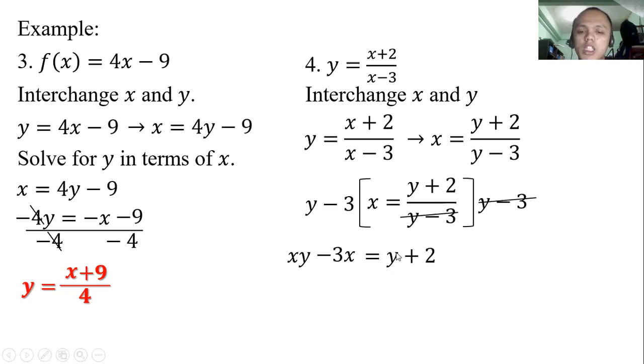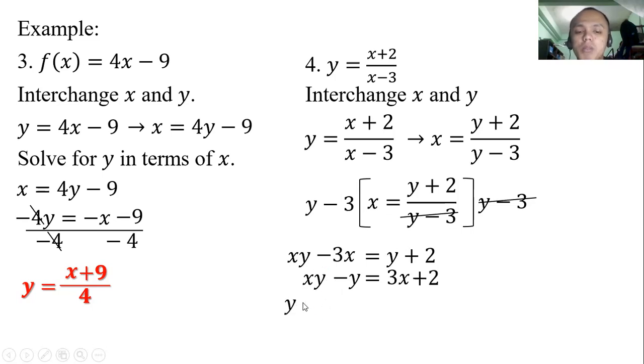Then, i-transpose natin lahat ng terms na may y dito sa left side. Remain natin yung xy, transpose y to the other side, may negative y, 1 yan, equal to, transpose negative 3x to the other side, may 3x plus 2. Then, factor out natin yung y dito. Kasi yung common factor ng xy and y is y.